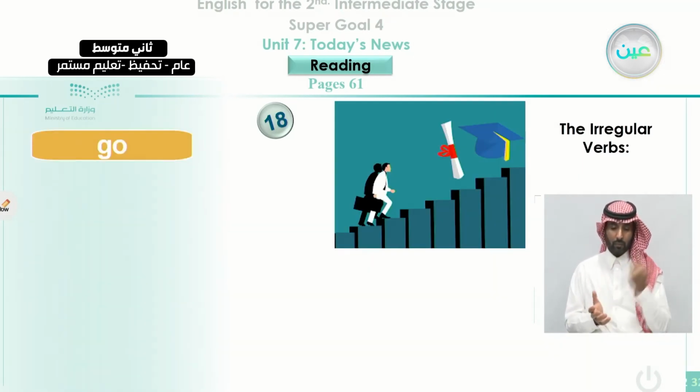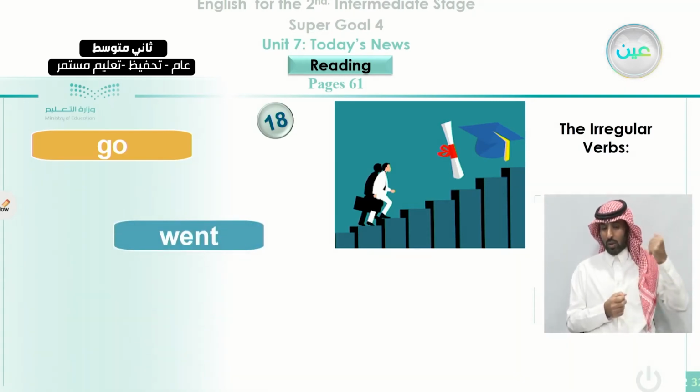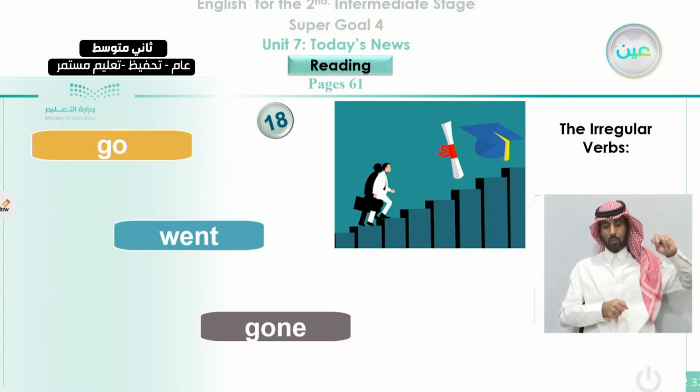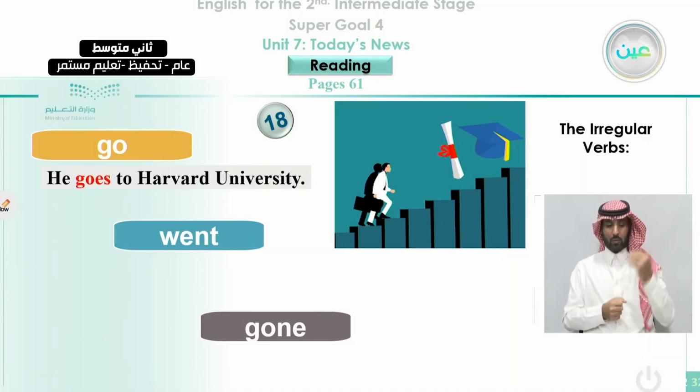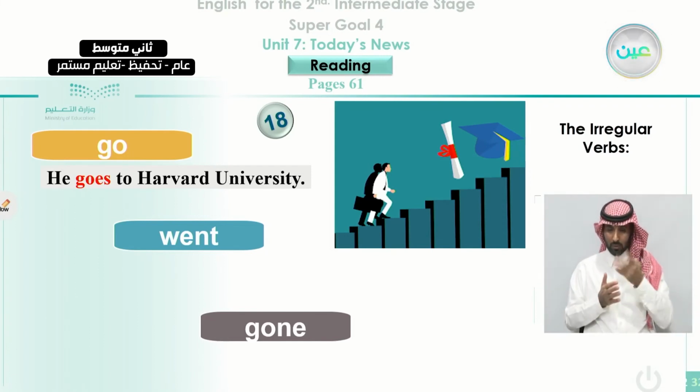And number 18 here, the verb go. If you use it in the present, you say go. If you use it in the past, what do you say? Very good, you say went. And if you use it in the past participle, we use it as gone. Let's read the 3 sentences here. He goes to Harvard University. That is a reading passage we are going to read in the next unit, which is about Bill Gates.